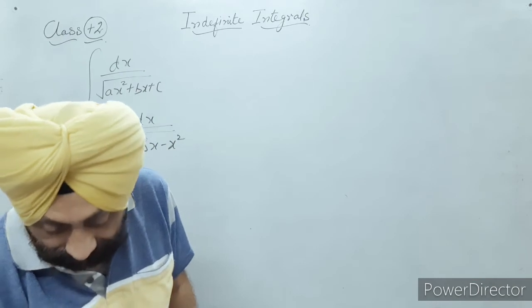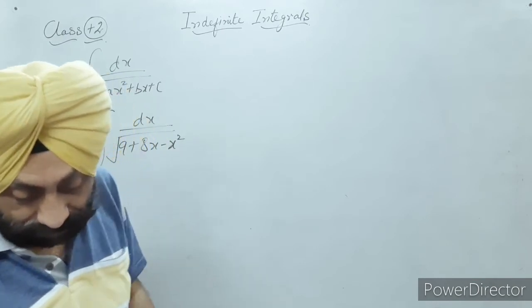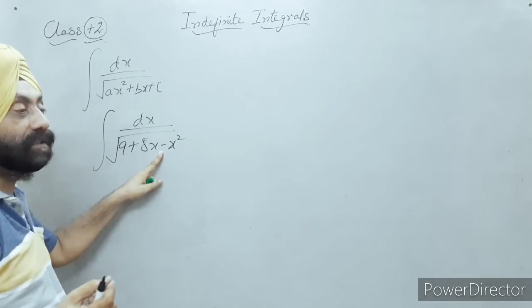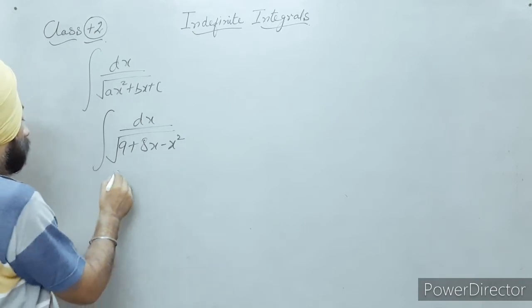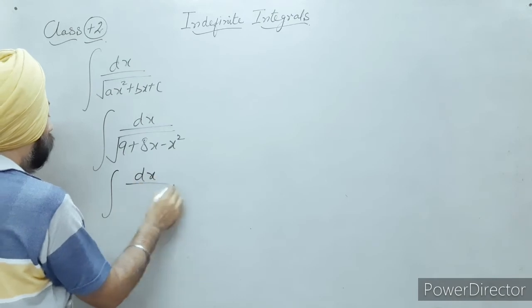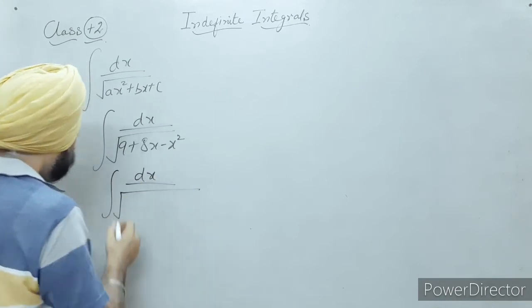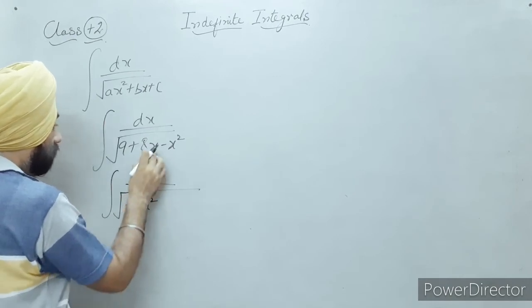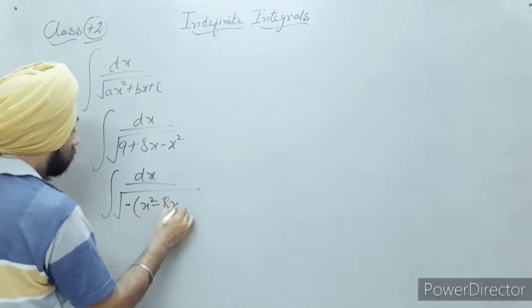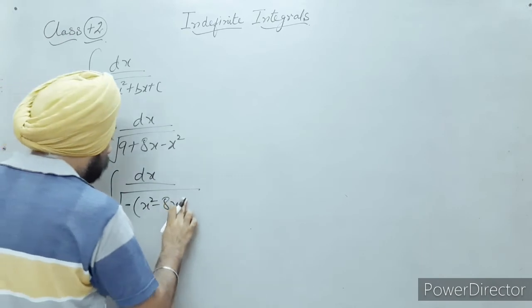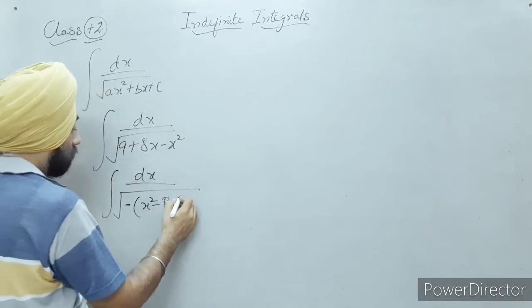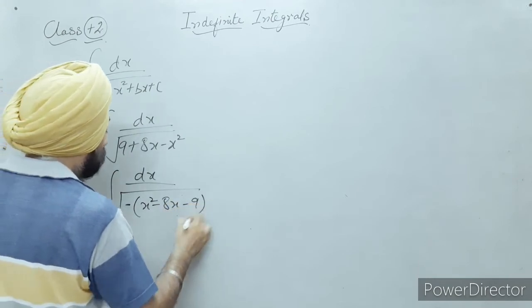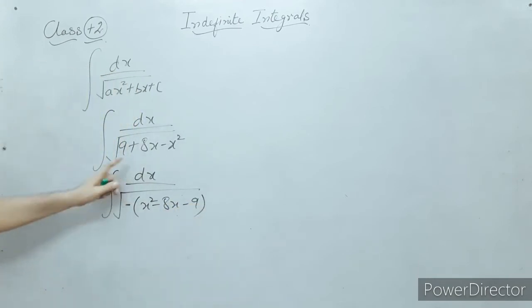Now in this also what we have to do is complete the squares only, right? It is dx upon under root of, just take out a negative sign over here so that it becomes x square minus 8x, right? Yeah, we can put this 9 inside also. It's one and the same thing.